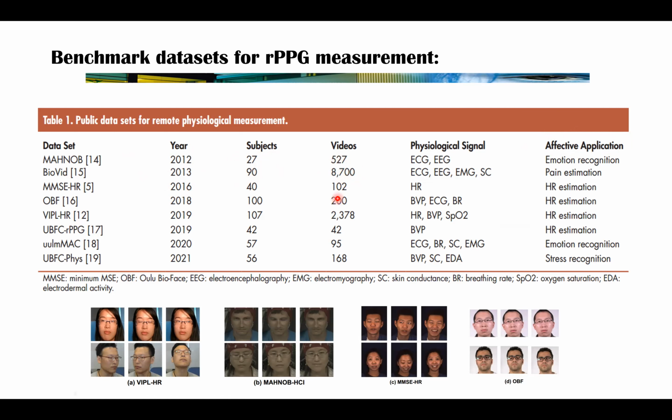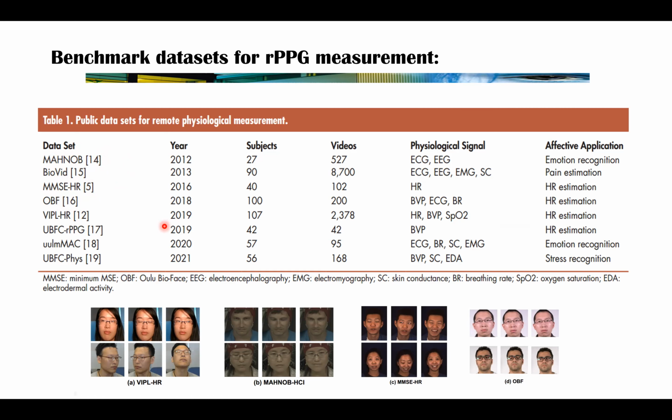You can see the video number is usually less than 1,000, and mostly these videos are recorded in a lab environment with very little head motion or other environmental interference, for example, light changing. So it is easy to get high accuracy on these datasets.